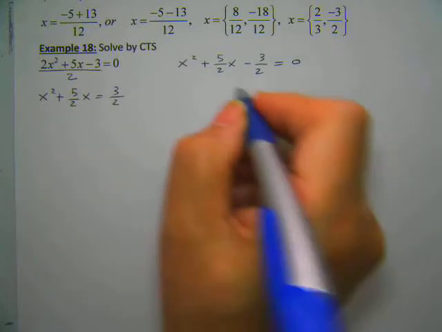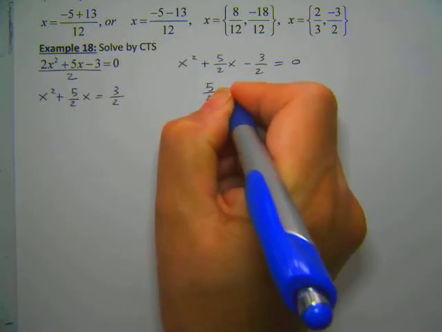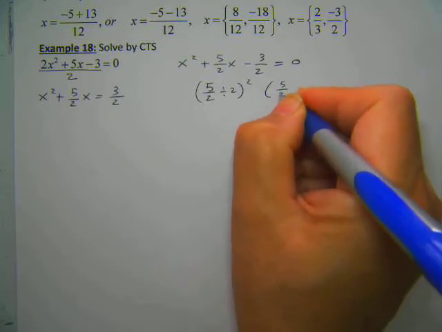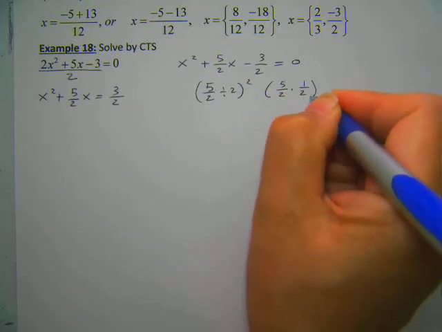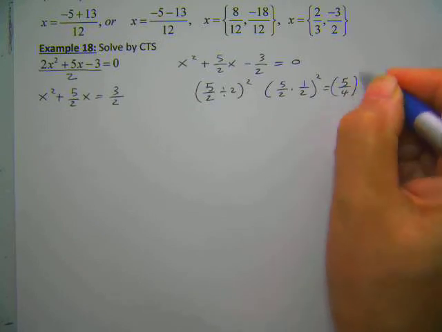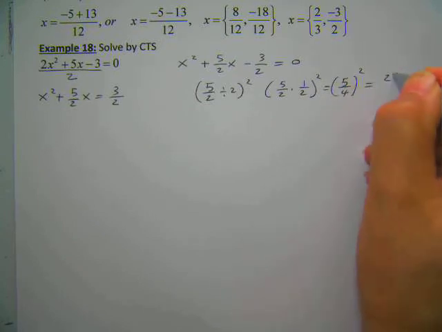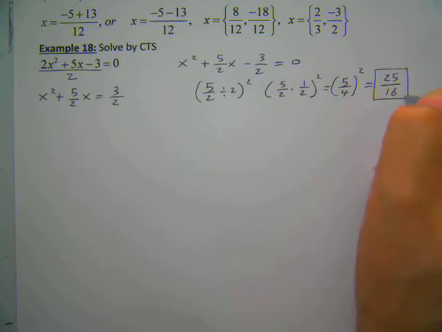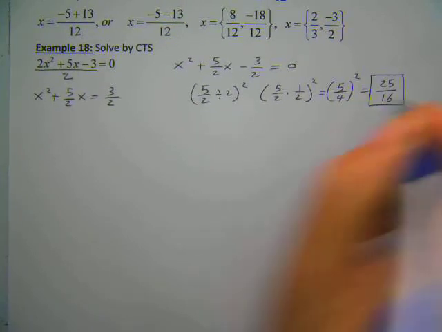Take the coefficient of x, 5/2, divide by 2 and square. So the 5/2 is going to be multiplied by 1/2 and squared. So this is going to be 5/4 squared, and finally 25/16.